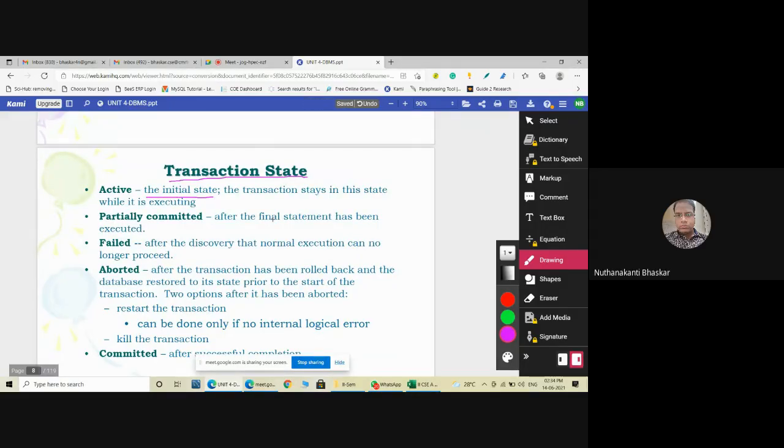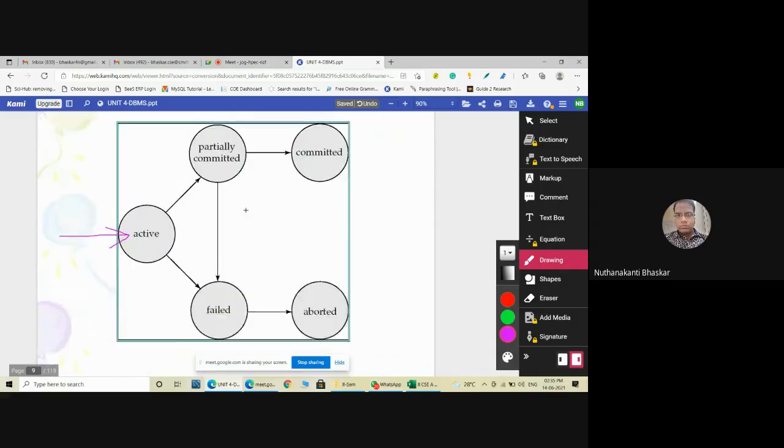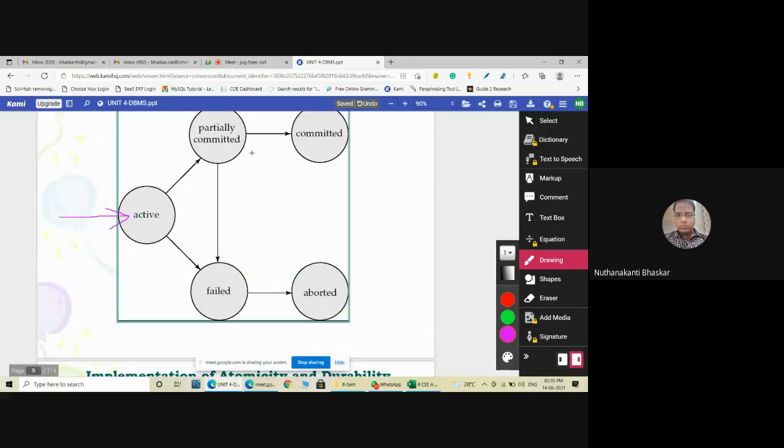The transaction stays in this active state until it is executed. There may be so many transactions, and those transactions are in a queue. One by one, they execute.